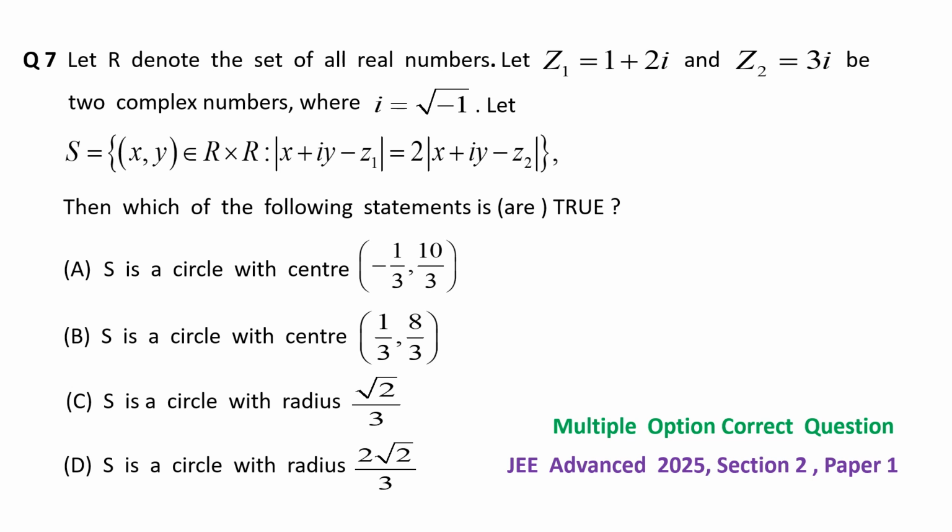Second option is S is a circle with center 1 by 3 comma 8 by 3. And the third option is S is a circle with radius root 2 upon 3. And last option is S is a circle with radius 2 root 2 upon 3. Now students, this is a multiple option correct question. Now let's solve it.